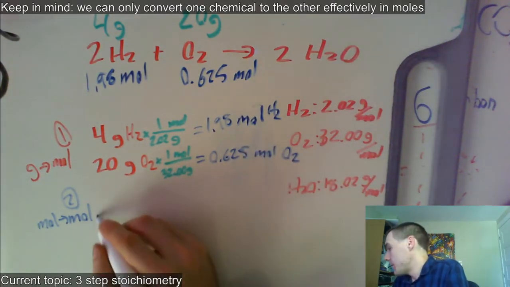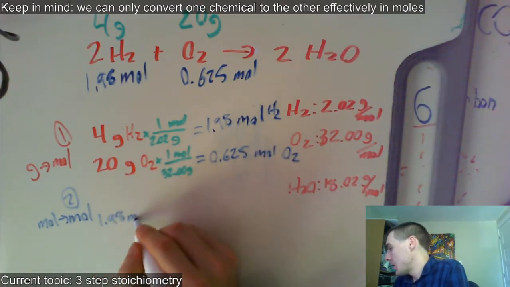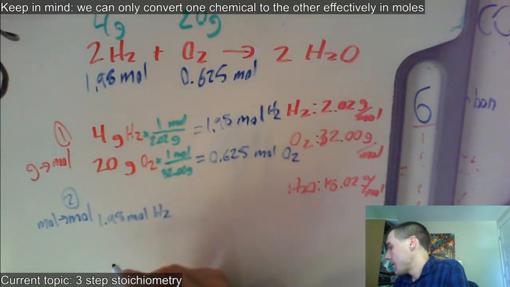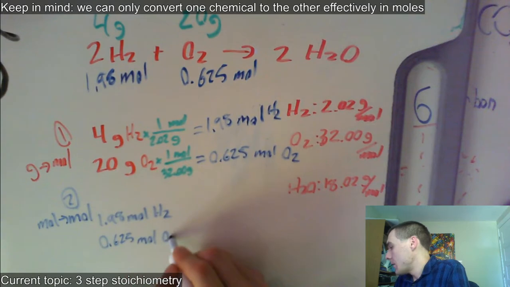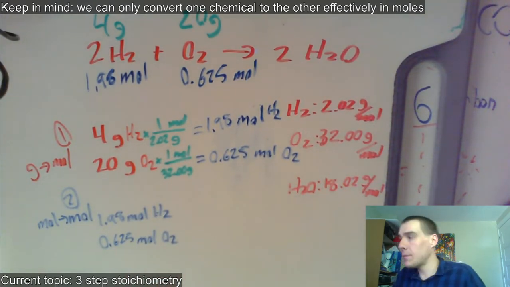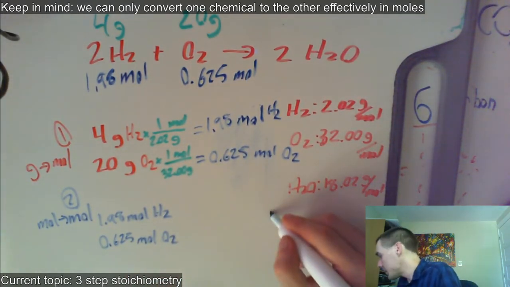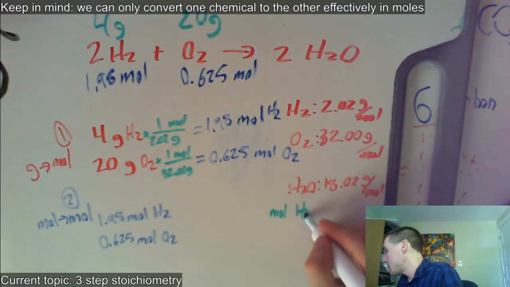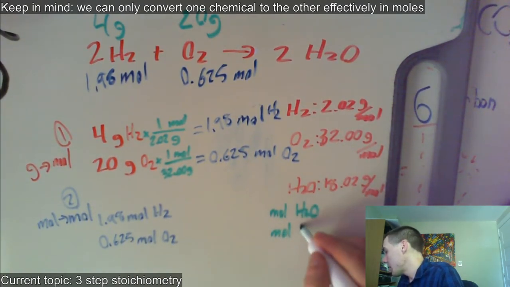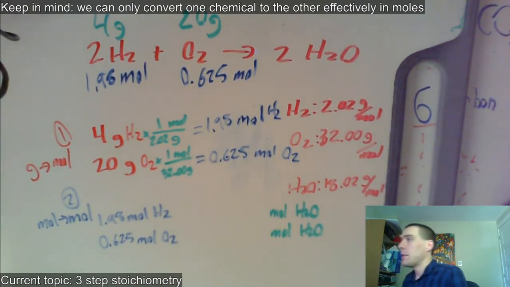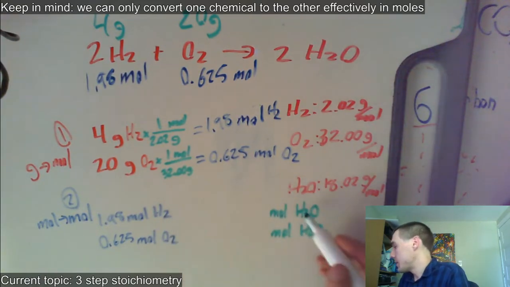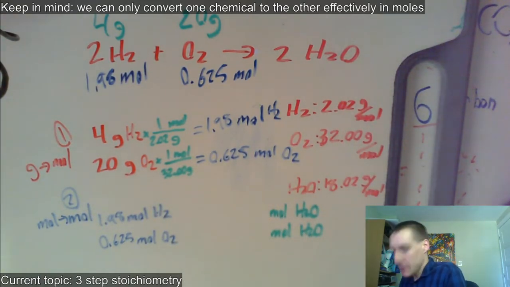So I have my 1.98 moles of H2 and my 0.625 moles of O2. And what I want to know is how many moles of H2O I can make. And that means I'm going to have to go through the mole ratio, moles of this to moles of this.